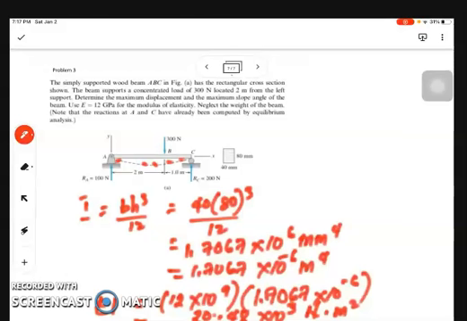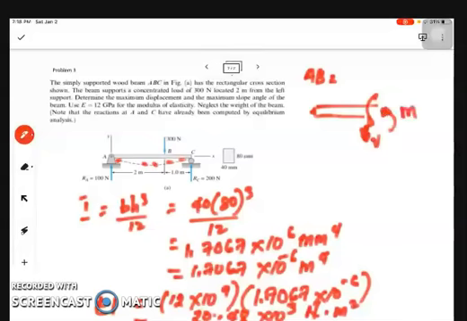We're going to compute the moment for segment AB and segment BC. For segment AB, we're going to section our beam, so we have here our shear, our moment, and our reaction at point A.